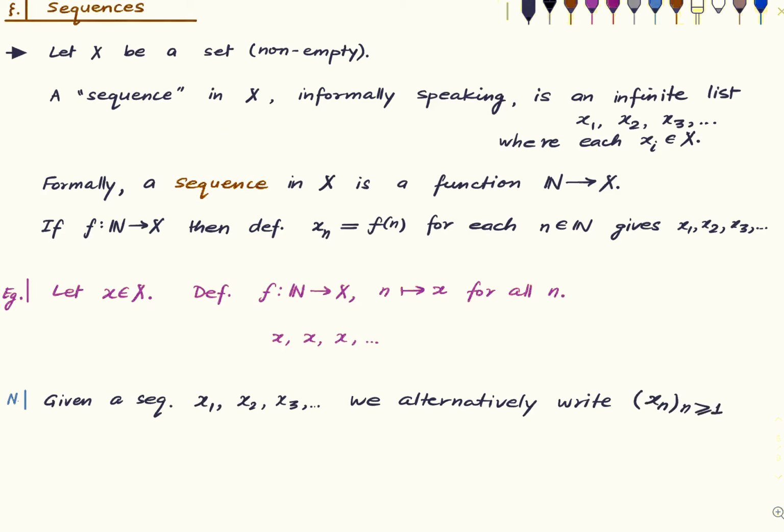Either that, or one may write this. So instead of writing this out in this fashion, we write the generic term and put parentheses around it, and then indicate the dummy index. So these are two notations.